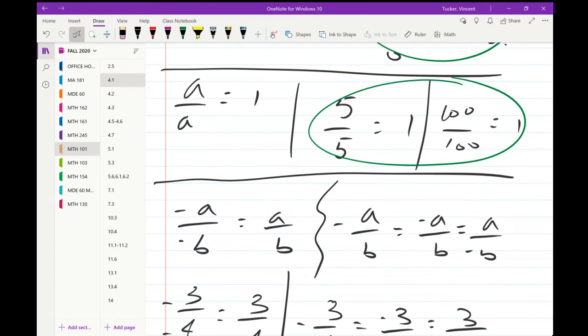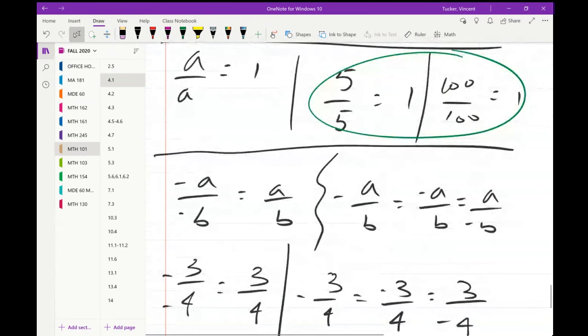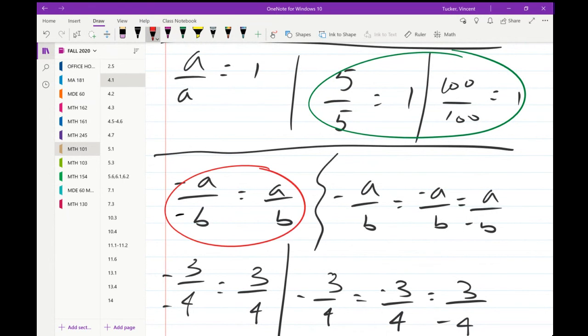And here, I think somebody asked a question, but I can just go over it anyway. Just emphasizing here, negative over negative. Negative over negative would be a positive fraction. Here, I was emphasizing that having a negative out front, the negative up top, or the negative down bottom, they all mean the same thing. It's just notation.